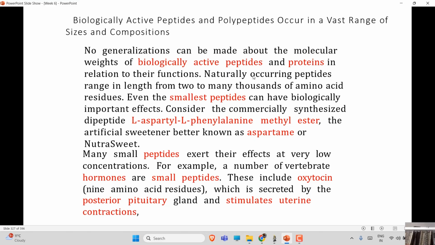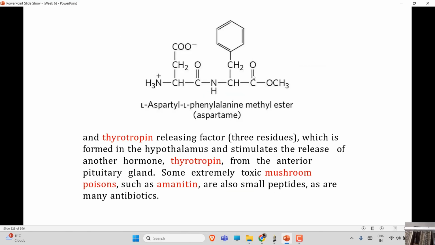For example, oxytocin is a vertebrate peptide hormone released from the pituitary gland, which stimulates uterine contractions. And thyrotropin releasing factor has 3 residues, is found in the hypothalamus, and stimulates the release of another hormone, thyrotropin, from the anterior pituitary gland.